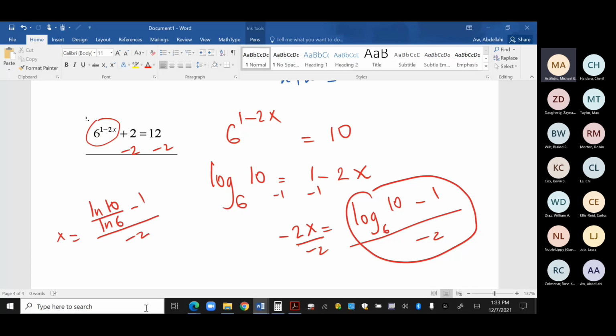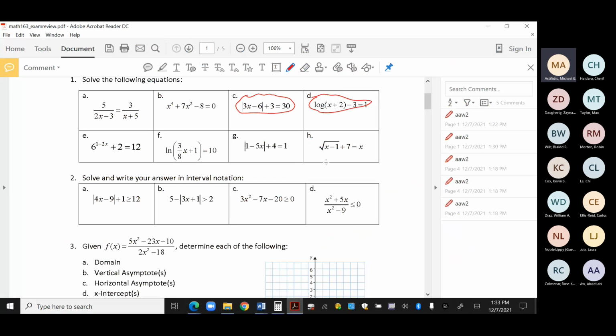You can do that also. Okay? So I think this one right here, radical equations, no, I'm gonna pass on this one.